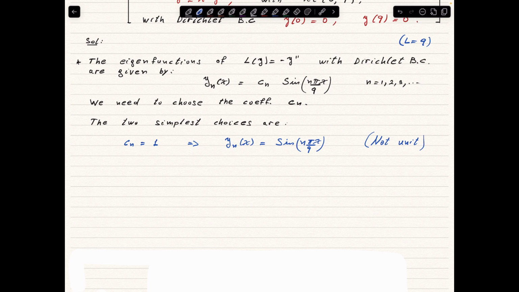And if we want unit functions, then we need to choose the coefficients Cn to be square root of 2 over the length of the interval, which in this case is 9.